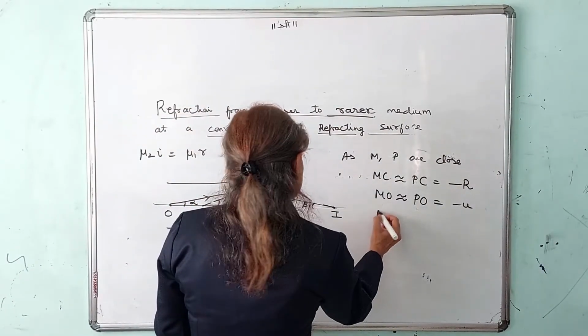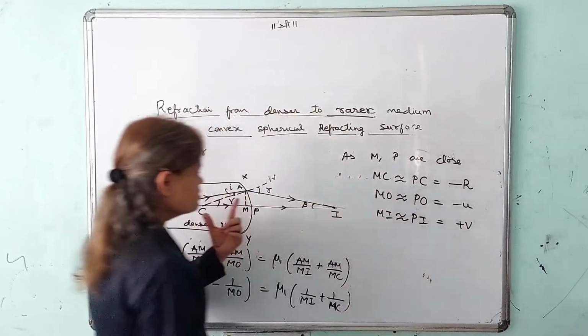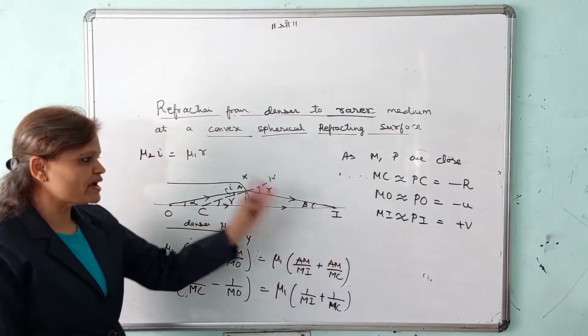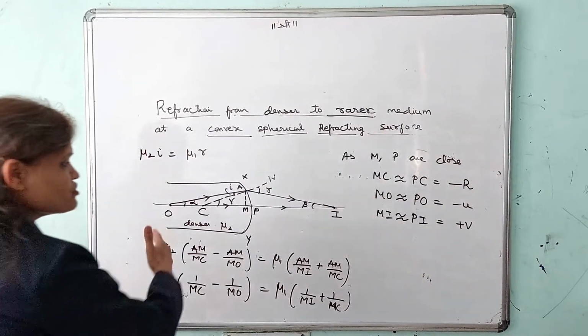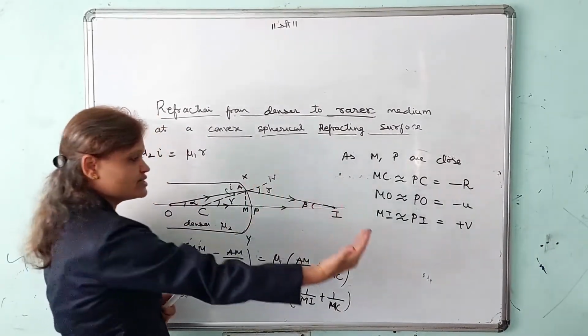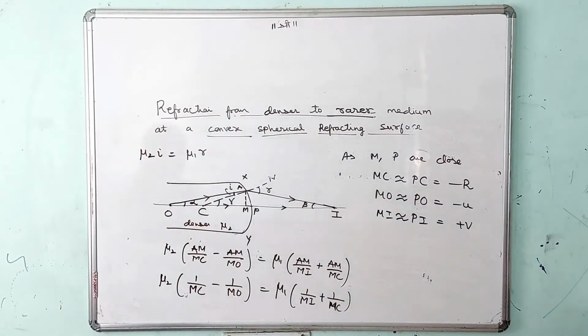MI is nothing but PI, which is plus v, the image distance, to the right side, so plus. So please understand the correct sign convention. Right side of the pole, like the positive x-axis, distances are positive. To the left side, the distances are negative.